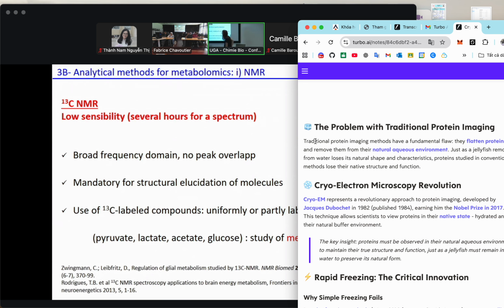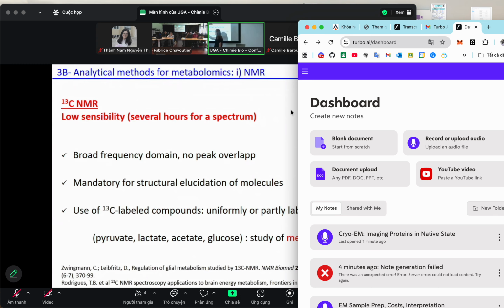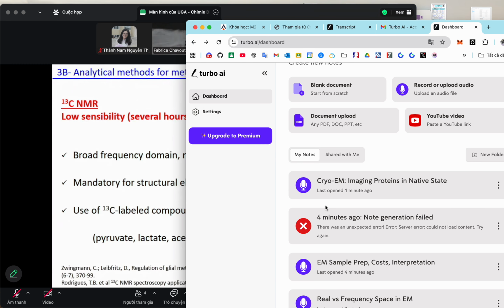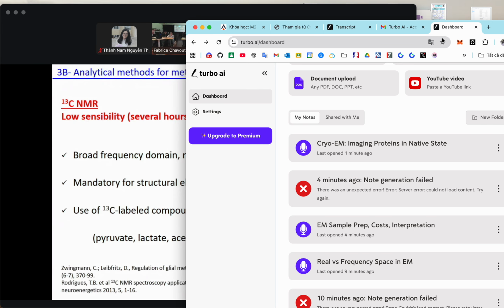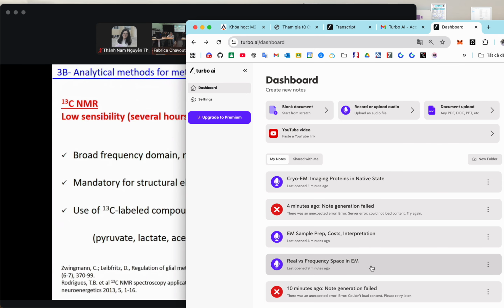It's also very useful that there are a lot of commercial substrates where C12 has been replaced by C13. Lactate, pyruvate, a lot of substrates can be bought from a commercial company like Sigma, etc. This is interesting for studying the flux.